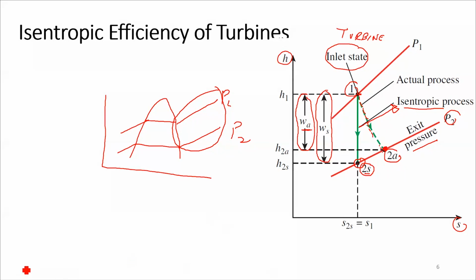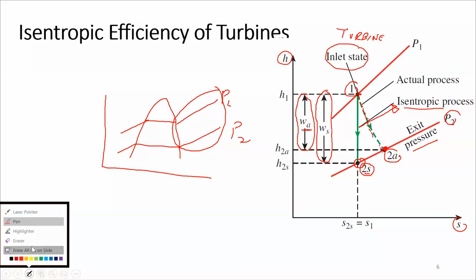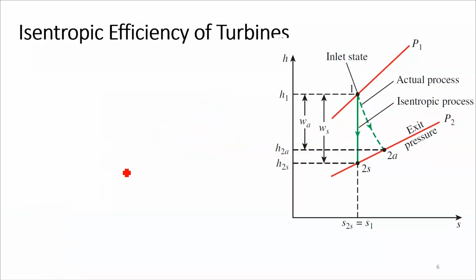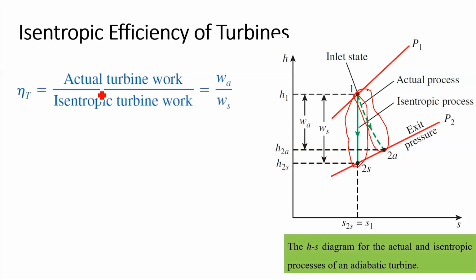When we compute the isentropic efficiency, we are comparing the ideal work with the actual work. The actual work of the turbine is represented by WA, which is the difference between H1 and H2A.